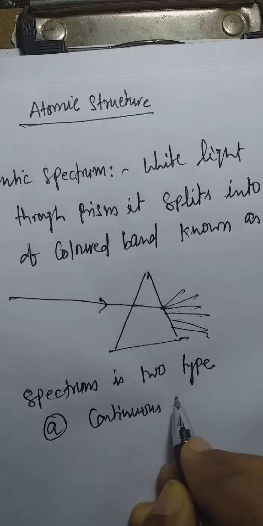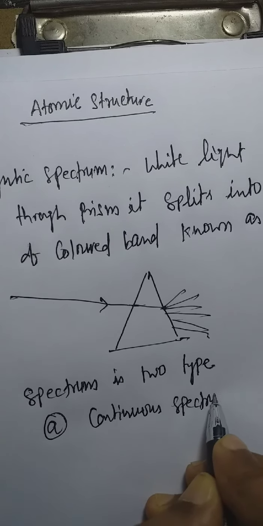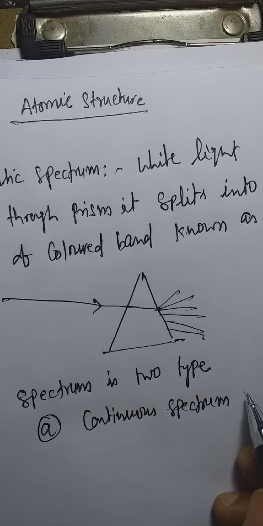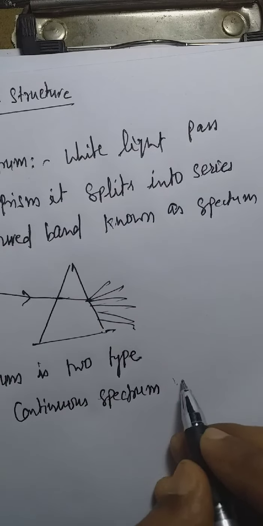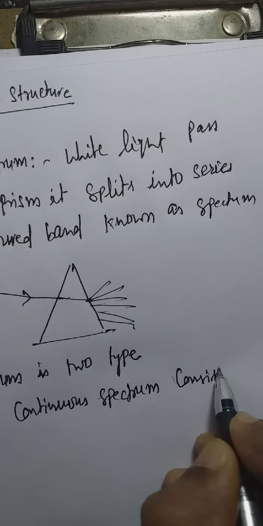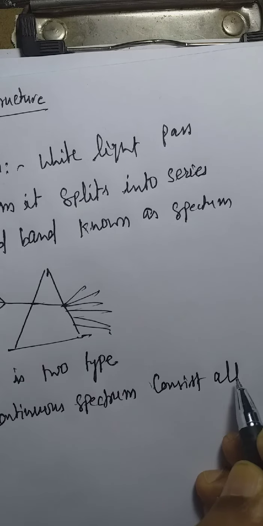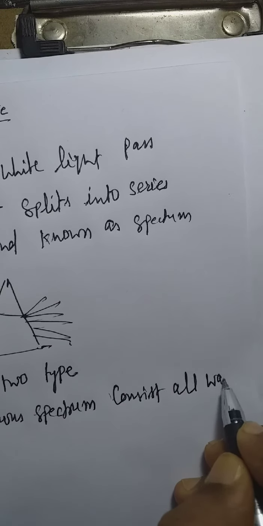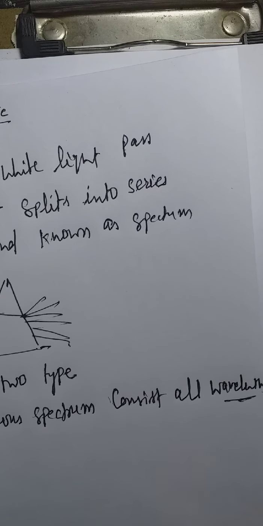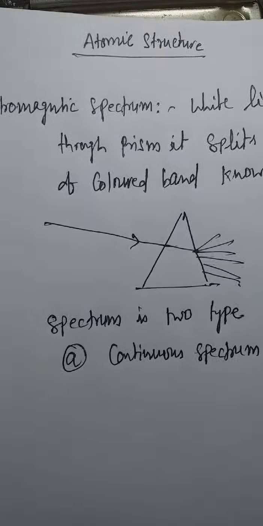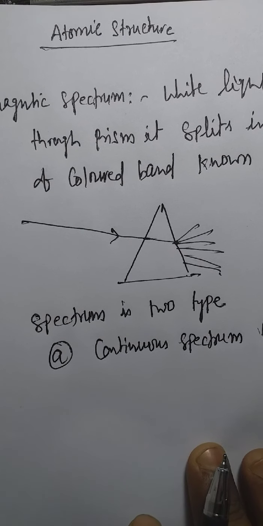A continuous spectrum contains all wavelengths, okay? Here wavelength is represented by lambda, so a spectrum consisting of all wavelengths is called a continuous spectrum.